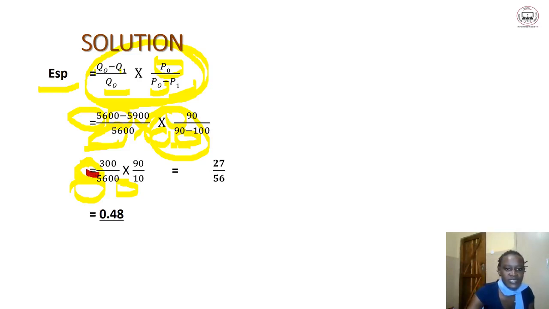The 2 zeros will cancel out with the other 2 zeros, and this 0 cancels with the other 0. So we're remaining with on top 3 times 9, which is 27, and down here we're remaining with 56 times 1, which is 56. If we divide 56 into 27, we're going to find 0.48. So this is our price elasticity of supply according to the example.